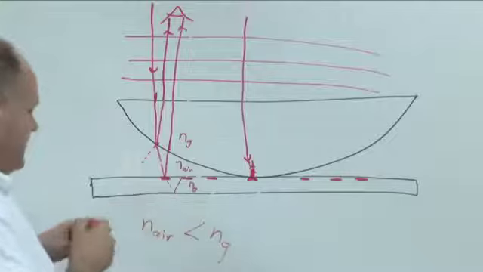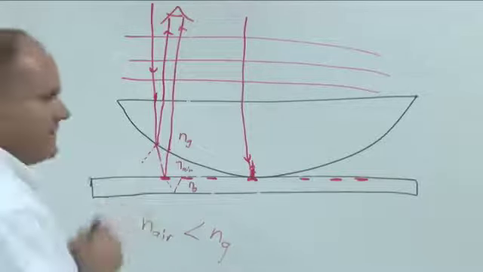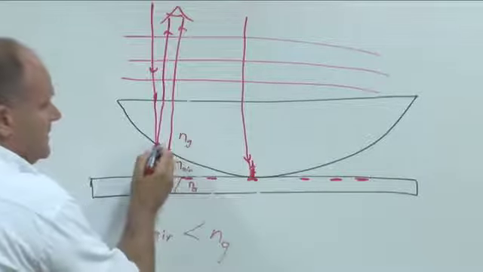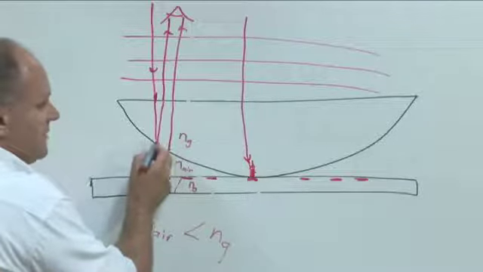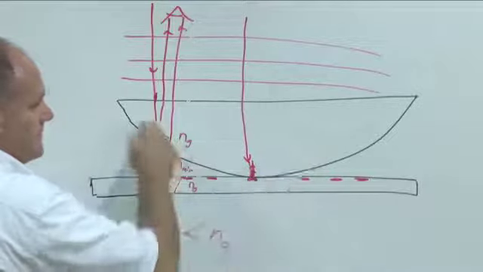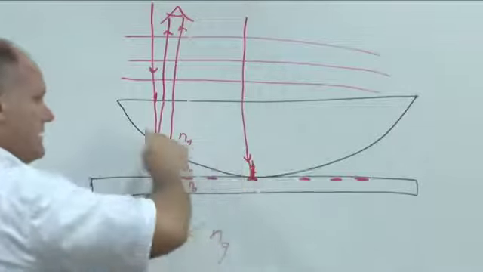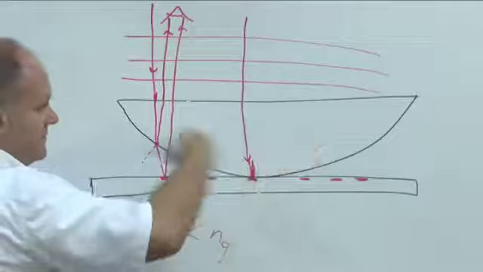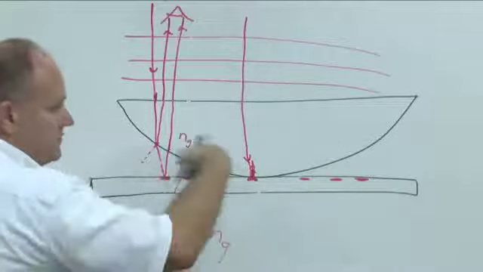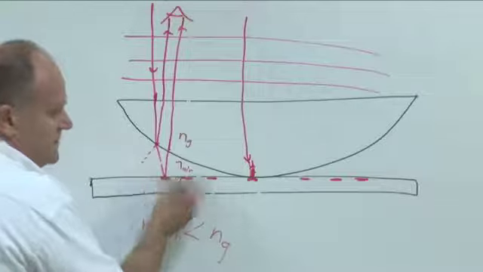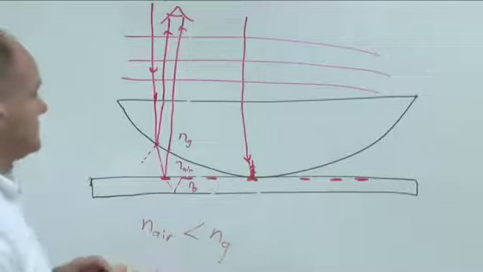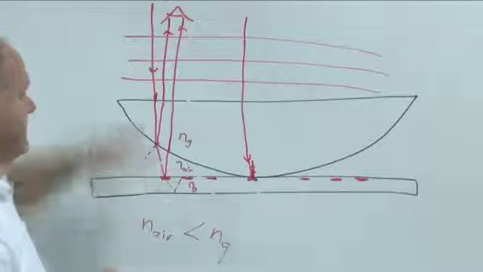The only two reflections that matter are the ones off the inner surface of the curved surface of the half spherical lens, or whatever you want to call it, semi-spherical piece of glass, and the reflection of the top surface of the flat plate. So you can think about that.